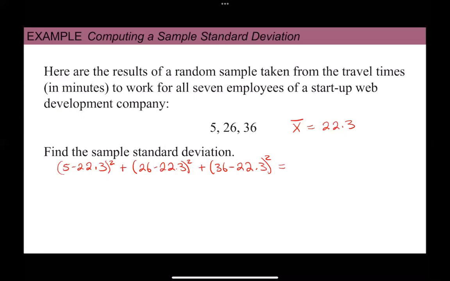Parentheses are your friend. To square something, it says X2. Yes, use the X2 button, and that'll give you the squared. The parentheses are right above the 8 and the 9.